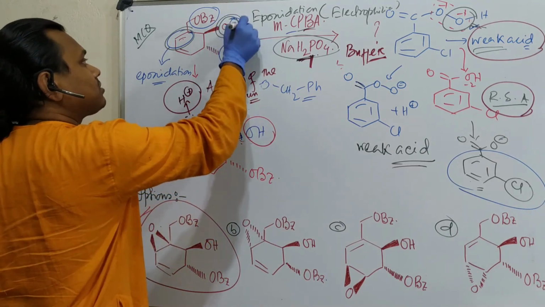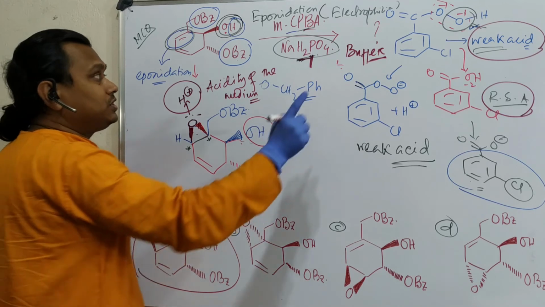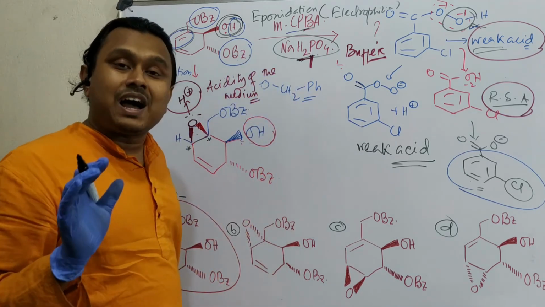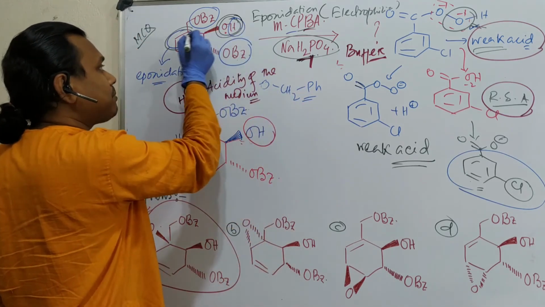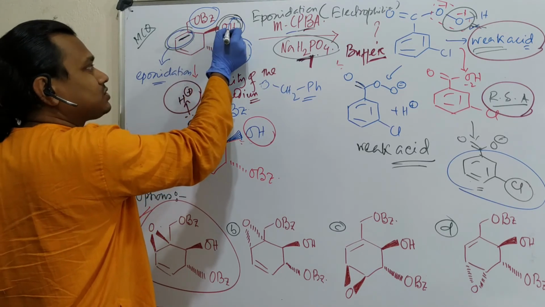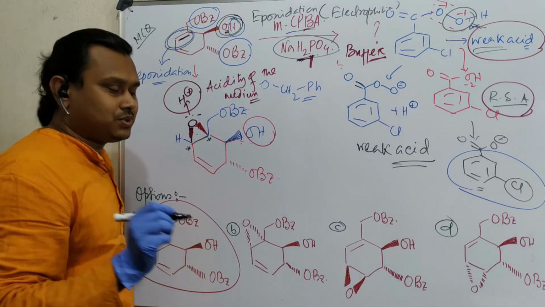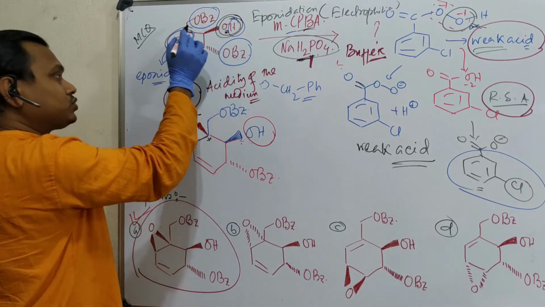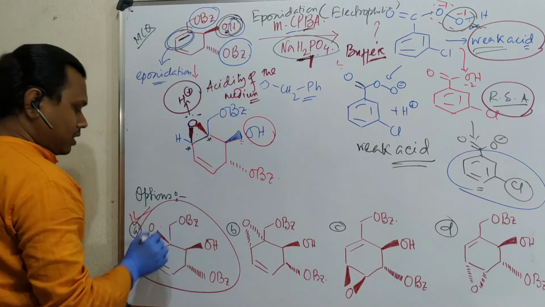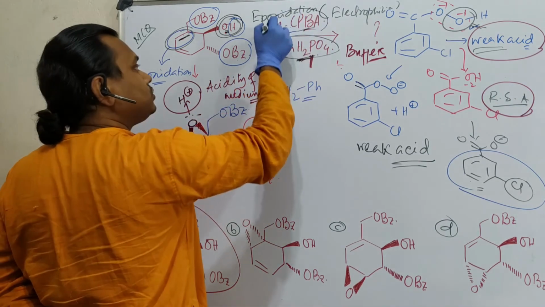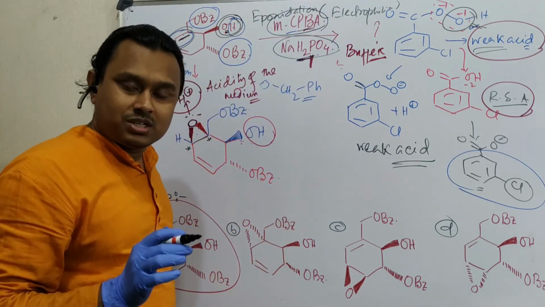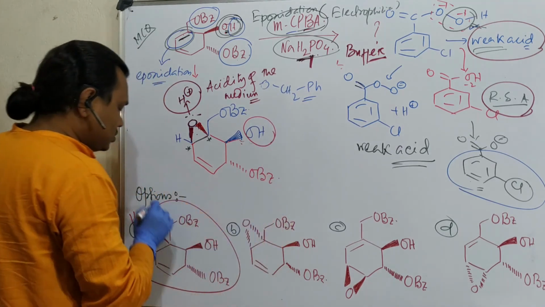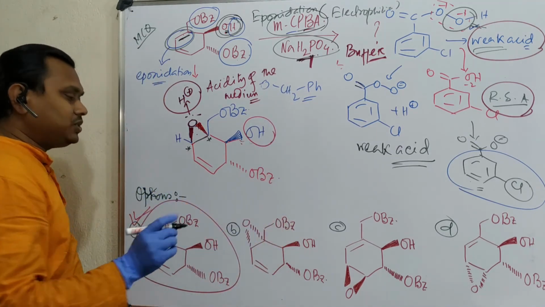Second, there is one hydroxyl which can form hydrogen bond with this mCPBA and act as a directing group. So reaction will happen to this double bond because this is closer to OH, like allylic position. In this case, this is above, so epoxidation will be above. Another thing, I have told only one equivalent, means I didn't mention anything, so it's one equivalent. So this is the product, blindly you can see.